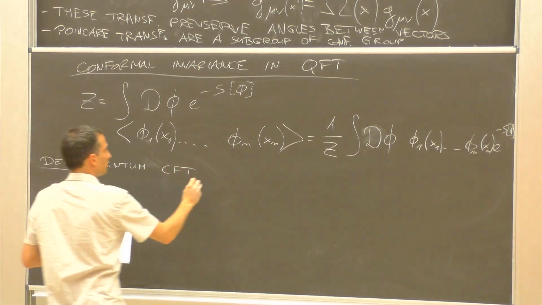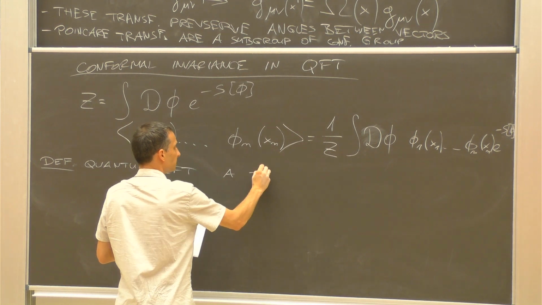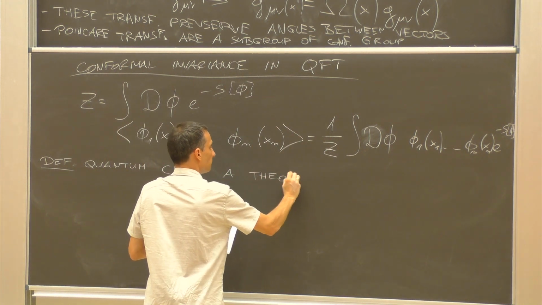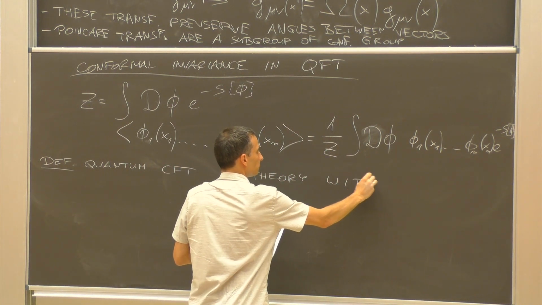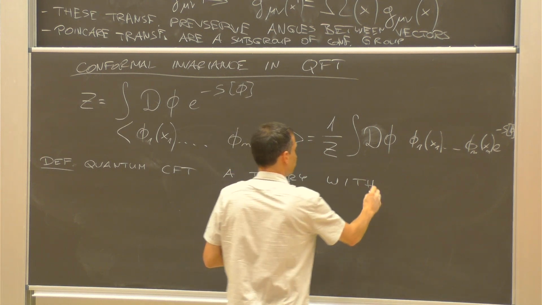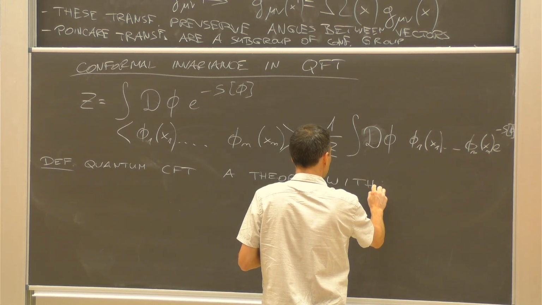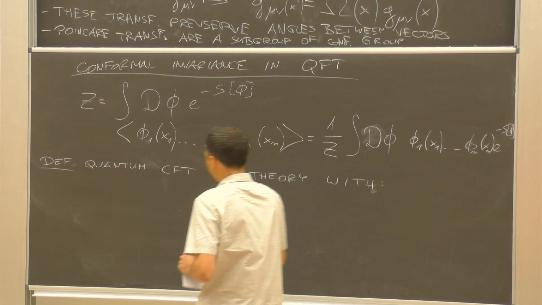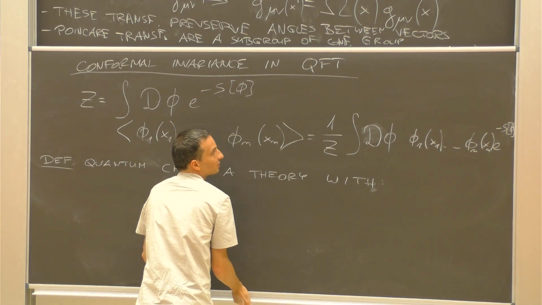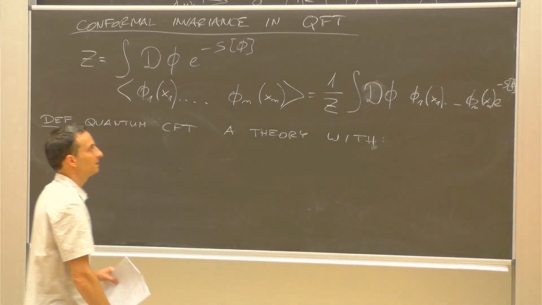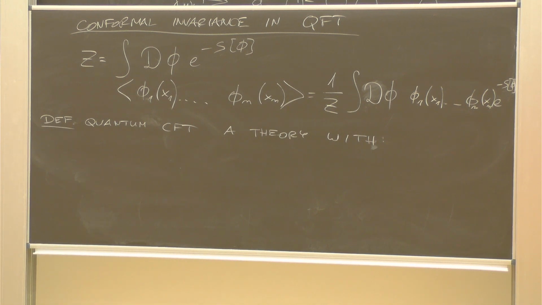So by quantum CFT, I will understand a theory with the following properties, and in fact you can try to change the perspective a bit, and the properties I will write now you can try to think of as kind of axioms and then formalize it from another perspective.